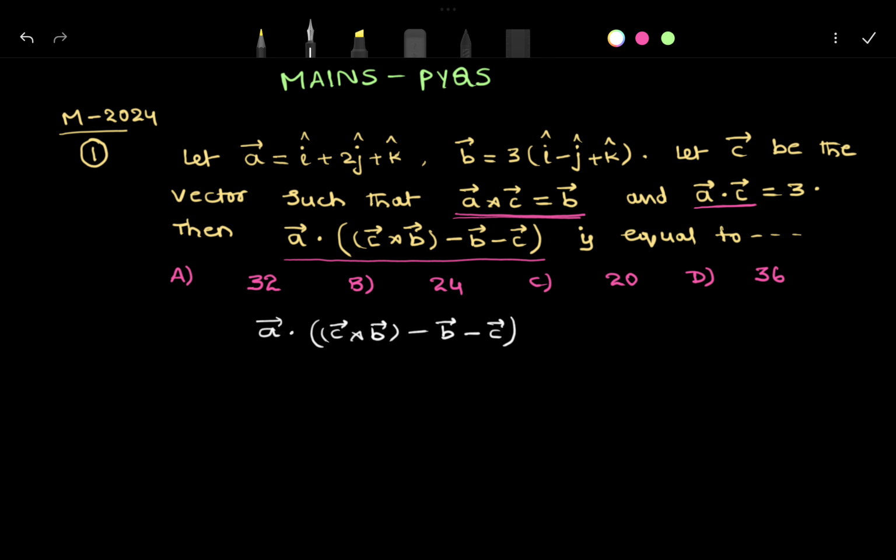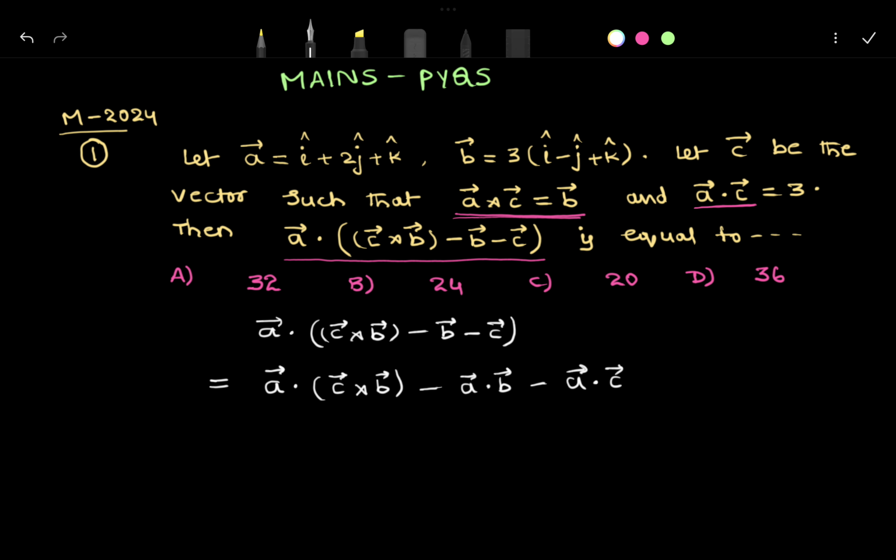Now, here you know the dot product is distributive. So you can write this as a bar dot (c bar cross b bar) minus a bar dot b bar minus a bar dot c bar.